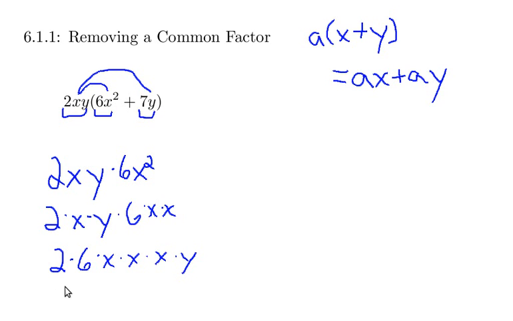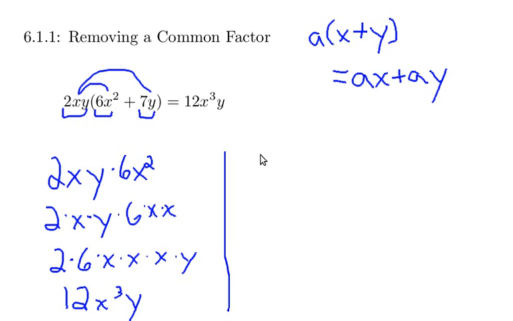Well, 2 times 6 is going to be 12. x times x times x is by definition x cubed. And then we just have one y. So that means that the first term is going to be 12x cubed y. But we're going to have another term after this. And to do that, let's use 2xy times 7y.